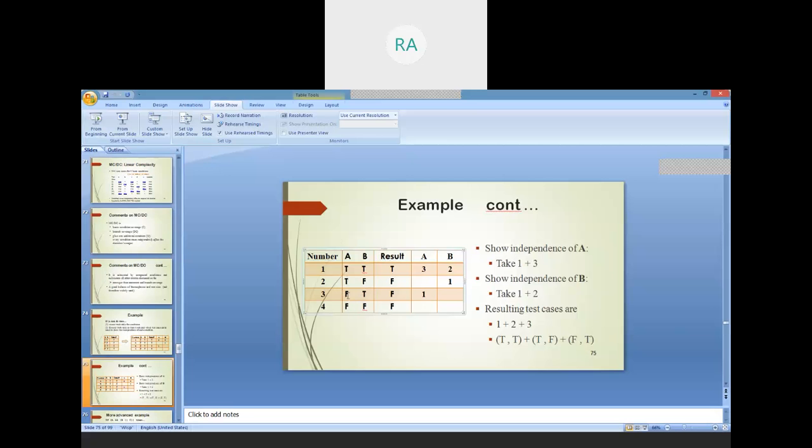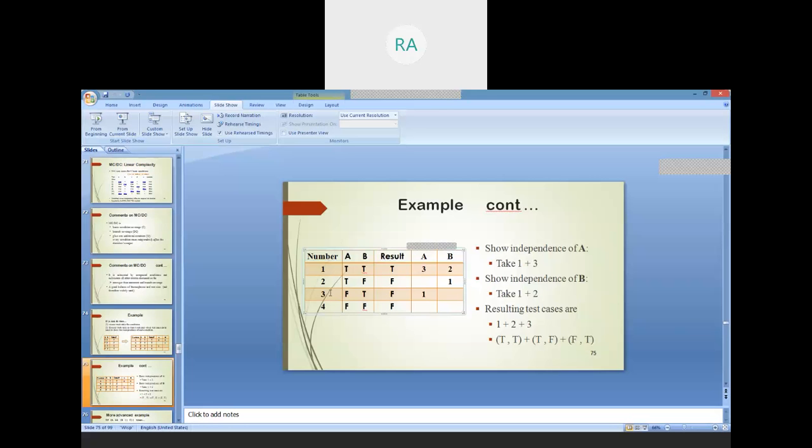I'm changing the value of A here. In test case number 1, the value for A is true and the value for B is true, but in the third combination, only the value of A is changed rather than B. That's why, to show the independence of A, I have to consider two combinations, that is 1 and 3.